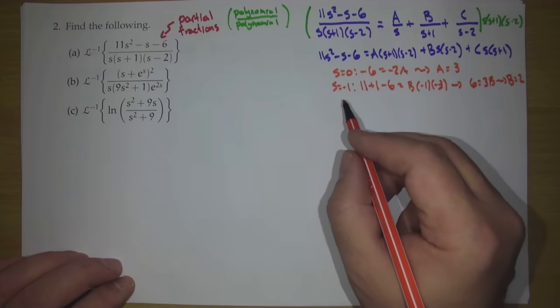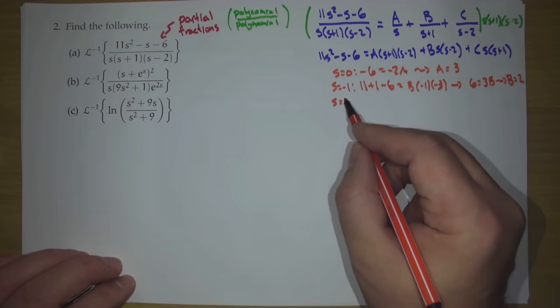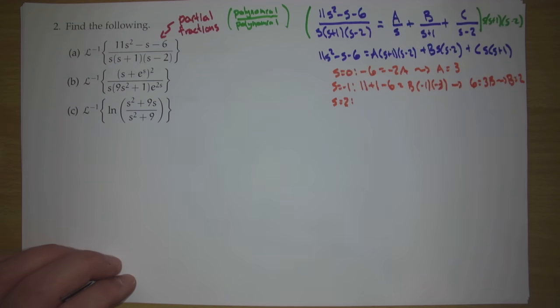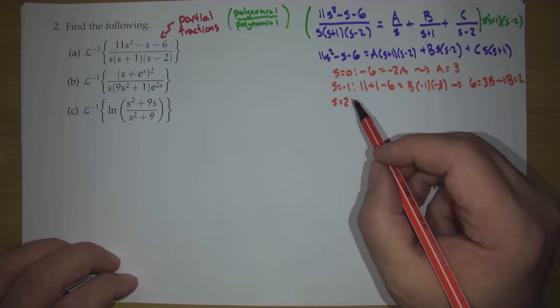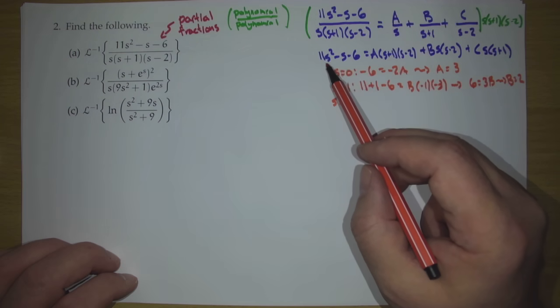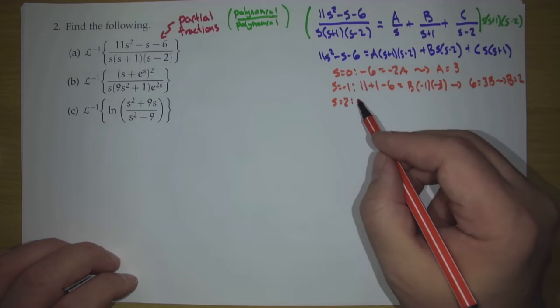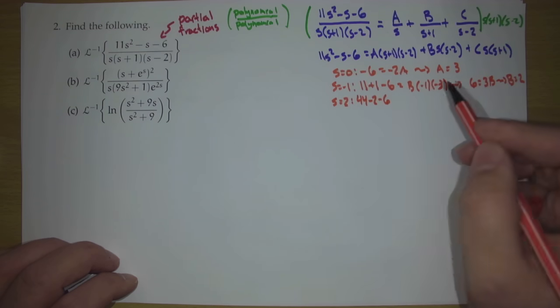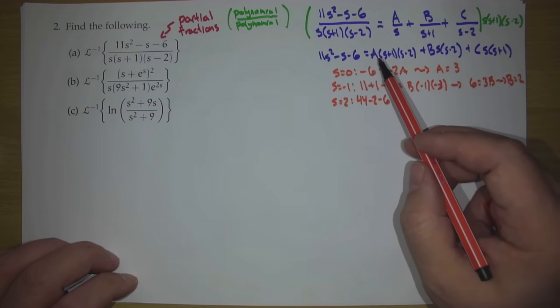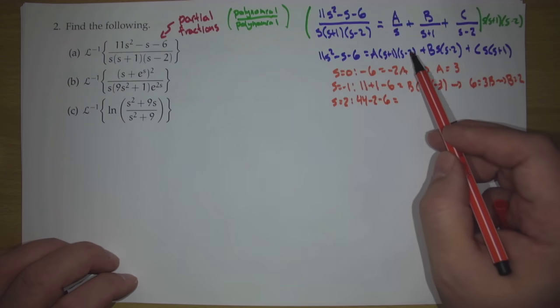Any more good choices? 2. And by the way, if you run out of good choices, just pick some reasonable numbers. Or if you like, expand and compare coefficients. Oh, big number. 11 times 4 is 44. Subtract 2, subtract 6. That's going to be an interesting thing. A times 0.